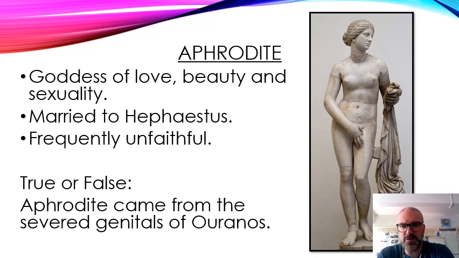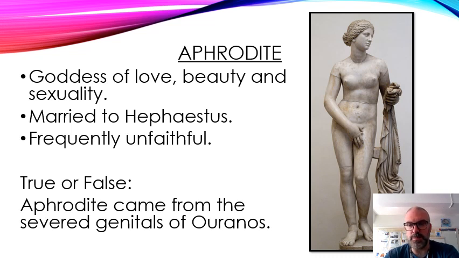But true or false, Aphrodite came from the severed genitals of Uranos. Does that seem likely, this goddess of beauty? True, absolutely. You've guessed it.